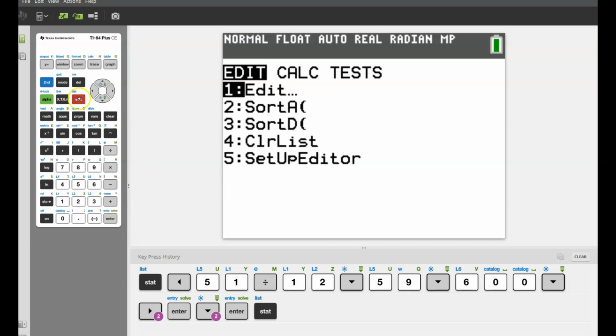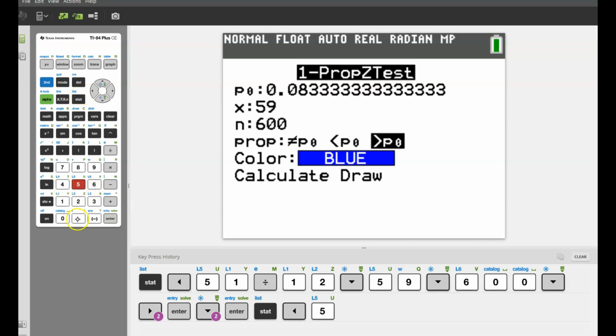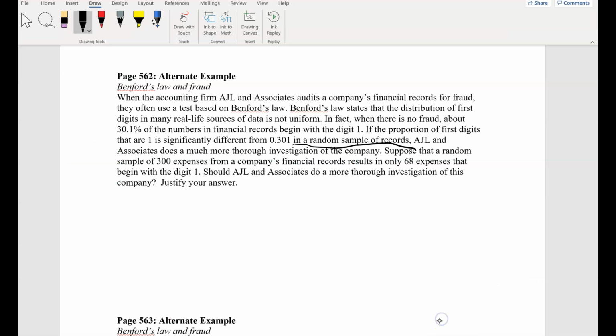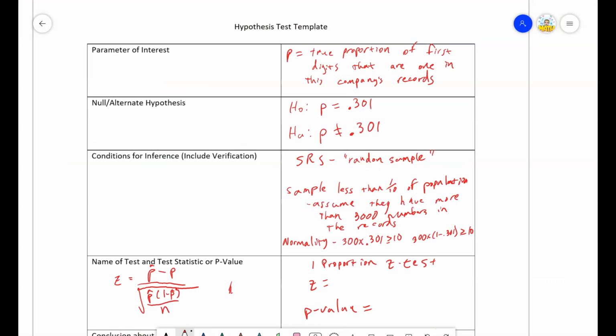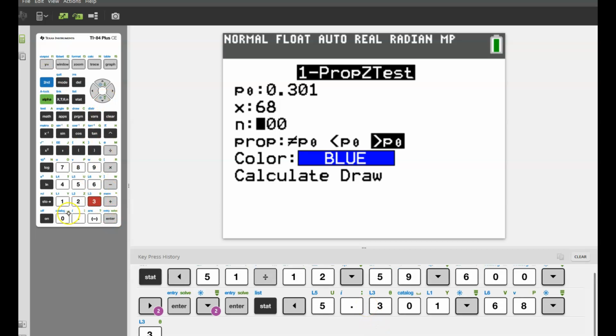We have stat test. It's the 1 proportion z-test again. We're testing this against 0.301, and I messed this number up here, make sure I get that number right. So I had 68 out of 300, and this is a two-tailed test.